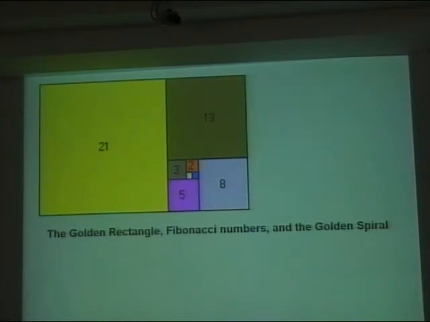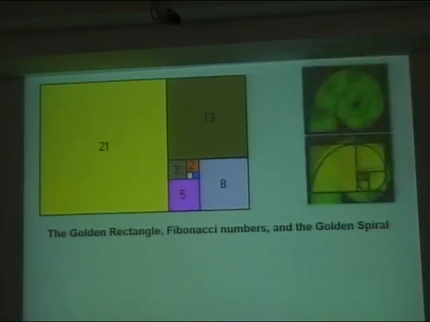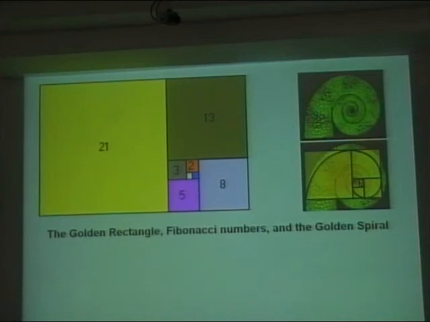And furthermore, that is the basis for what is called the golden spiral. If you begin right here at the center with the 1, and you make a spiral going around like this, that's the result, right? Do you all see that?